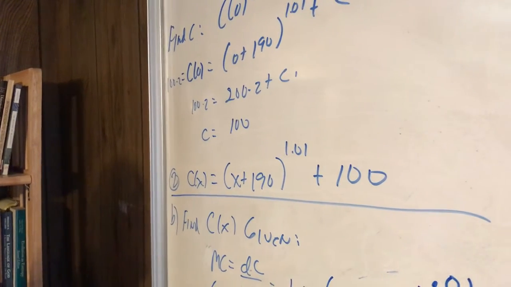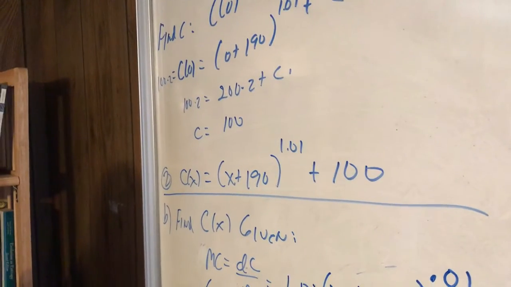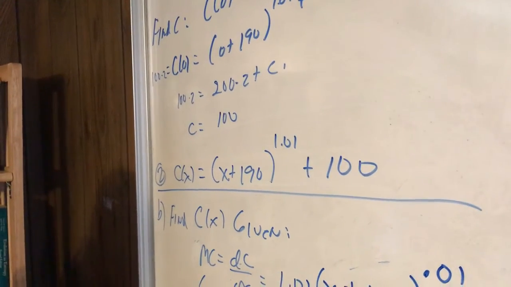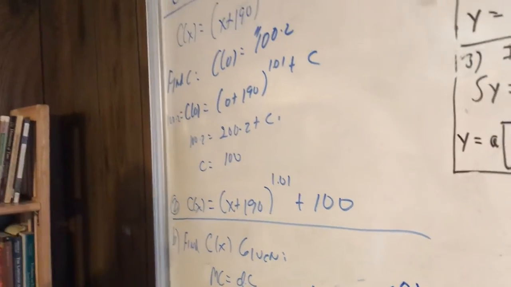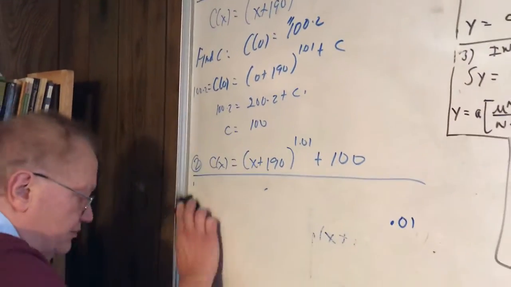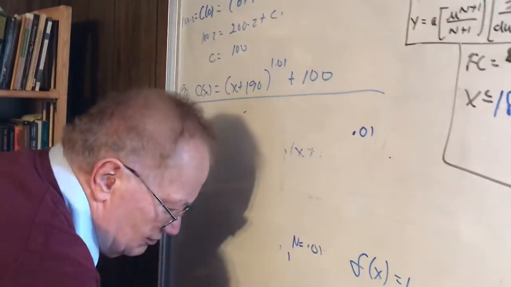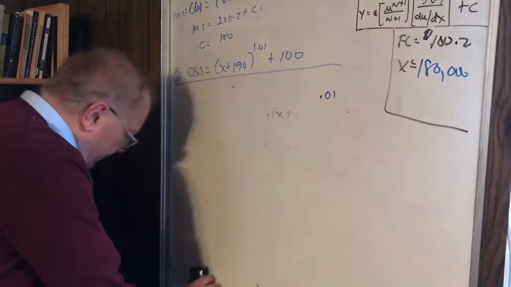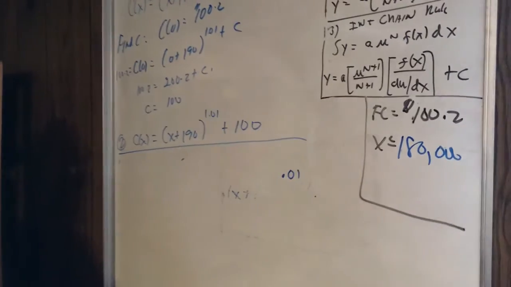So now I have my C of x and my R of x. I'm going to find my profit. Let's calculate my profit now. Erase this. Of course, profit is going to be revenue minus costs.